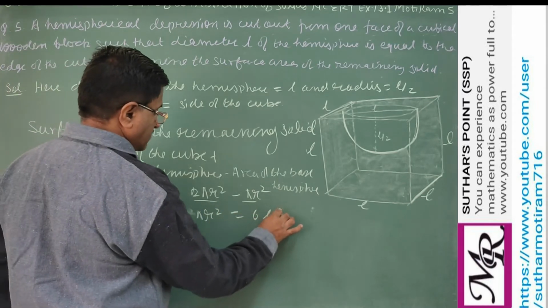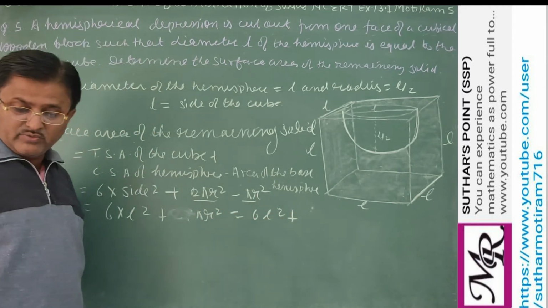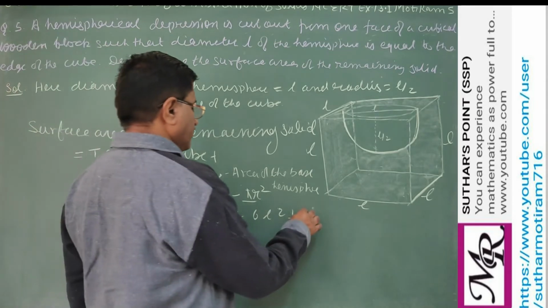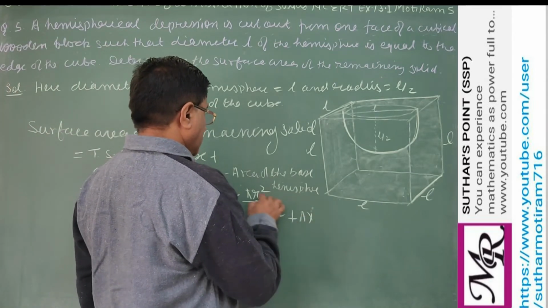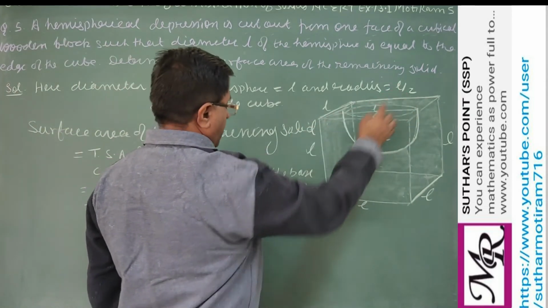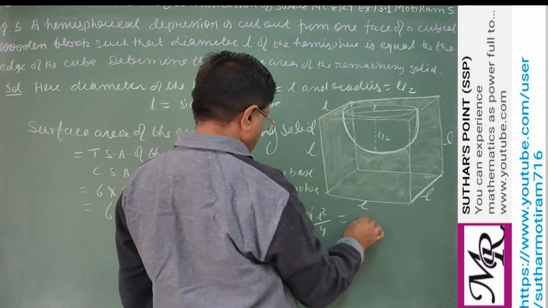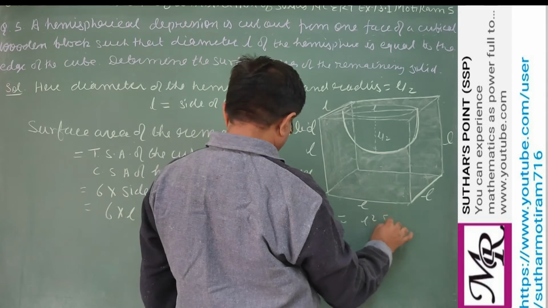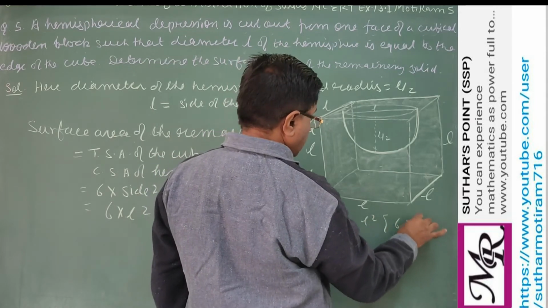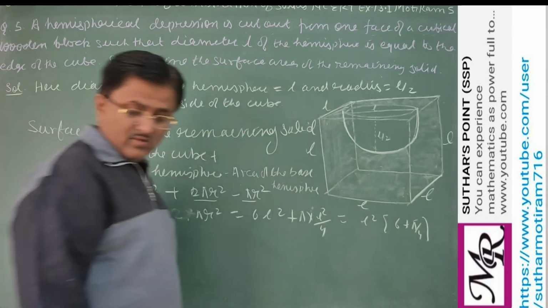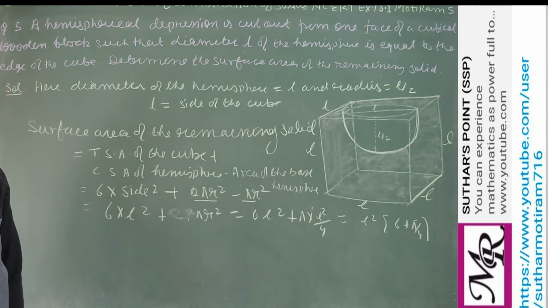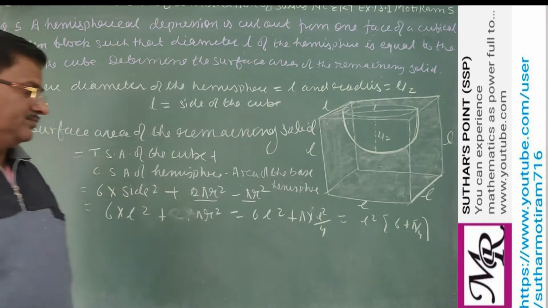So 6L squared plus pi, that is 22 by 7, or you use pi. R is given as L by 2, so L squared by 4. Taking L squared common, it is L squared into 6 plus pi by 4. Clear? So this is the required area.